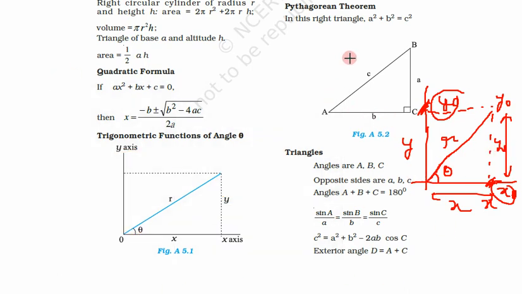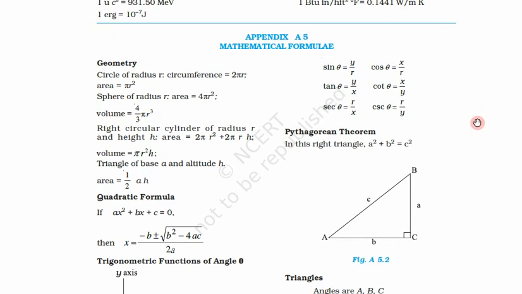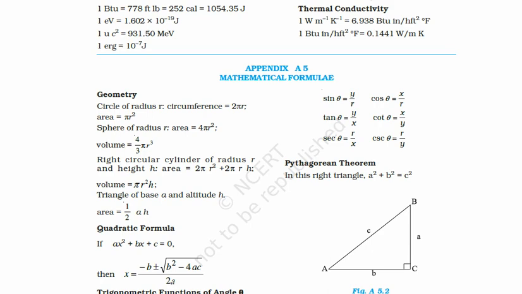Now let us see what are the trigonometric ratios for this case. So this is our figure. I have made a figure like this. This was y axis, this was x axis, and on this x axis, this distance was x0.